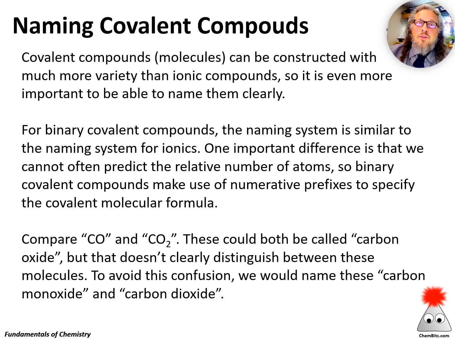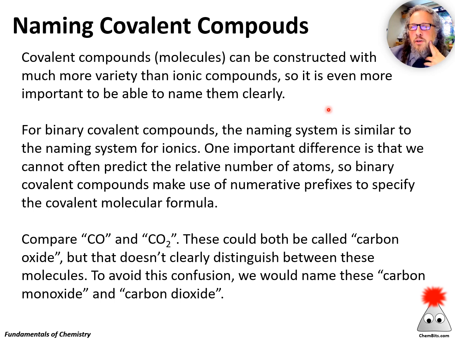What about naming those covalent compounds? Well, covalent compounds have much, much more variety in general than ionic compounds. So naming, by necessity, has to be a little bit more complete and a little clearer.